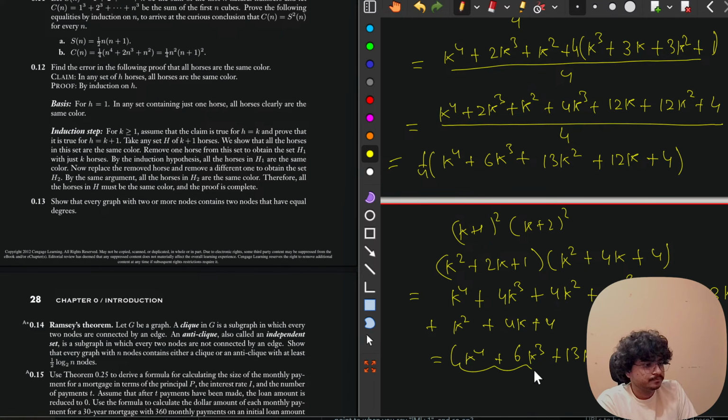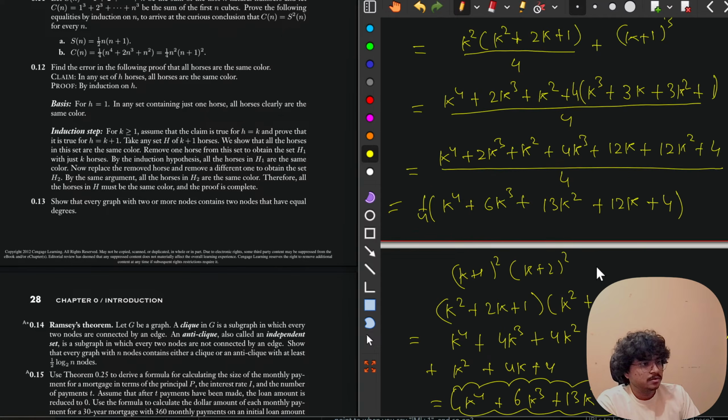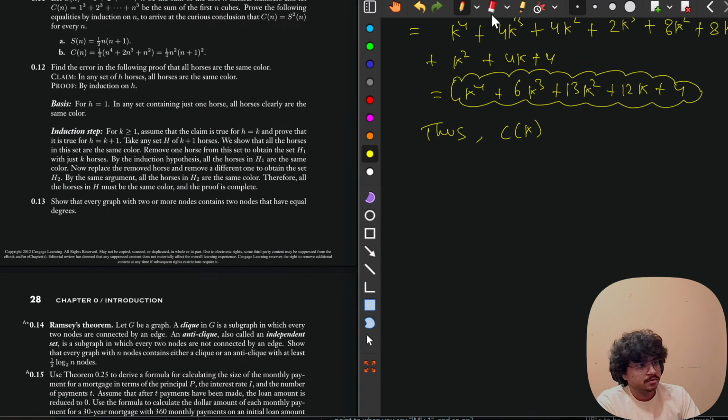So yeah, this is eventually equal to C(k plus 1), which is equal to 1 by 4 k plus 1 squared k plus 2 squared, hence proved by induction.